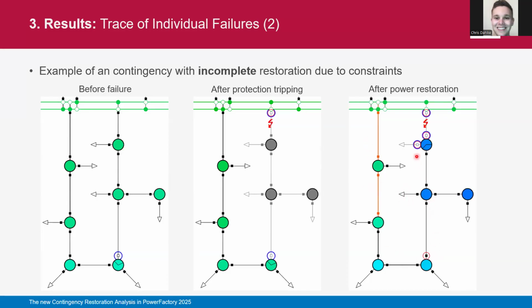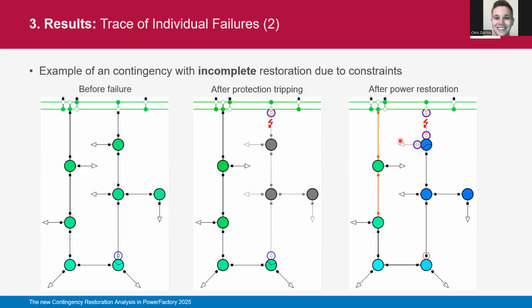So the resupply will completely be done from the other side. But if this customer would be resupplied as well, this would mean that some constraints, either voltage or loading or both, would be violated, and therefore those customers are not resupplied.